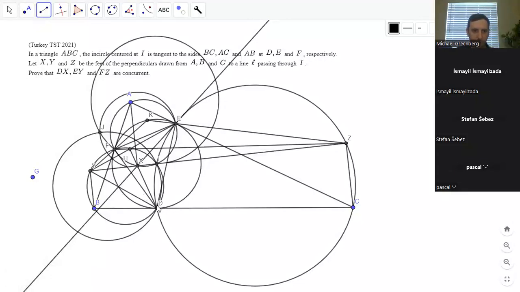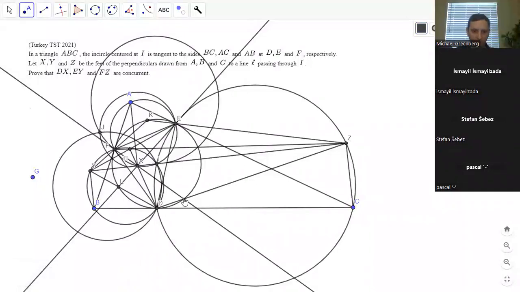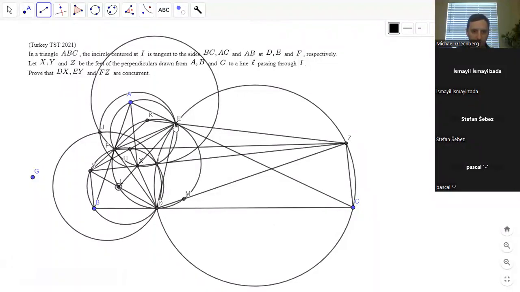And XF and ZD meet on the end circle. And I'm assuming those can all be angle chased. And then maybe it's like Pascal's theorem or something. Not sure.